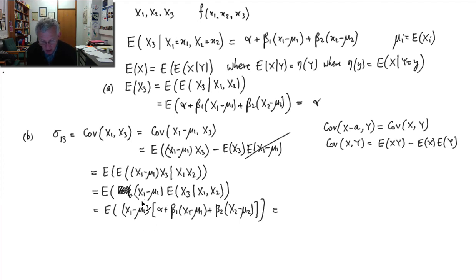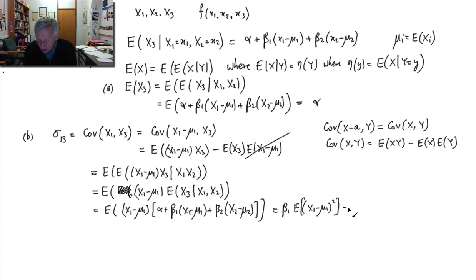Now, as I said, the whole reason for shifting this by mu1 is so that I get this nice expression here. I've got x1 minus mu1 times x1 minus mu1. So I've got beta 1 times the expected value of x1 minus mu1 squared, which by definition is the variance of x1.